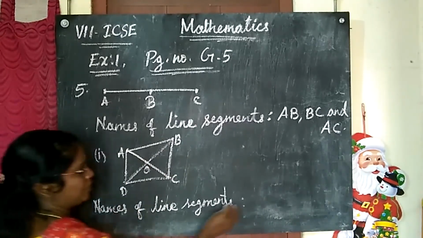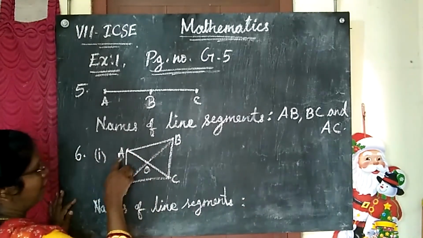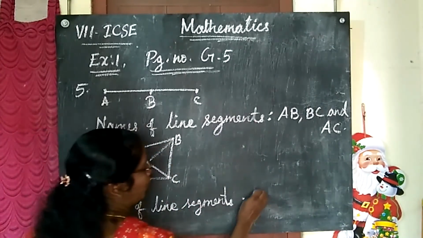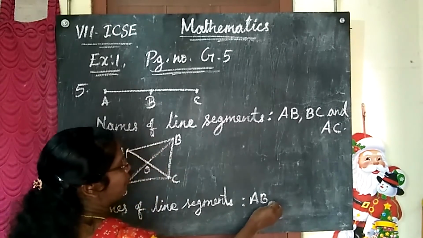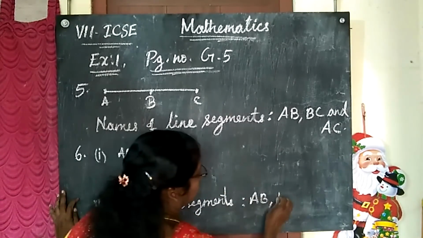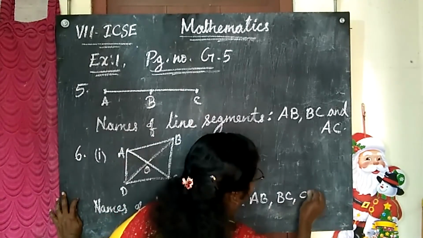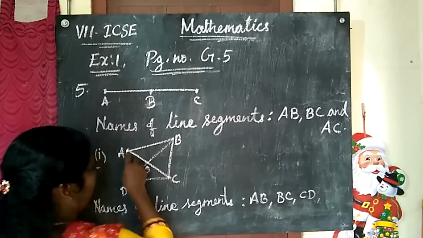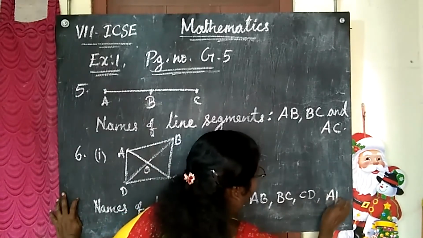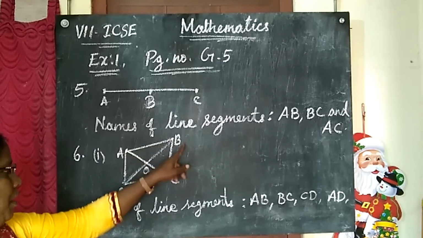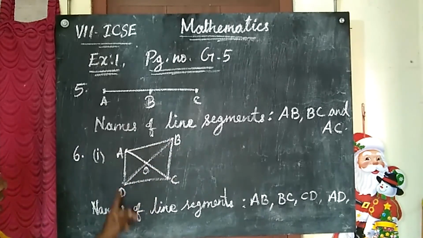Now we'll write the names here. First we'll write A to B, like fifth one only. Here A to B, one point to another point, then B to C, BC, then C to D, CD, then AD. Okay, understood? AB, BC, CD, AD.